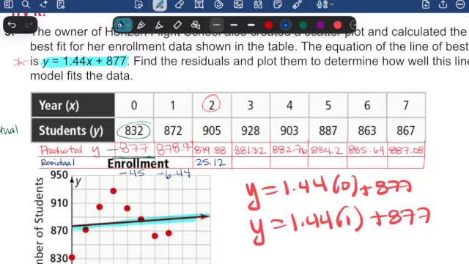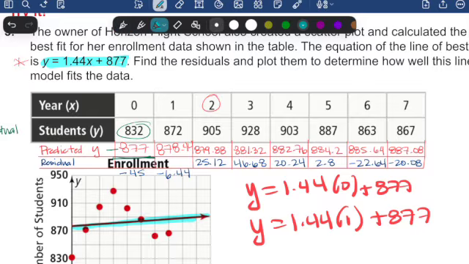So again, you're subtracting actual minus predicted. So make sure you do the actual minus predicted so that you get the correct signs for each residual. And if we look, we have some below, some above. If we were to plot those, they would not be random or close to the x-axis.